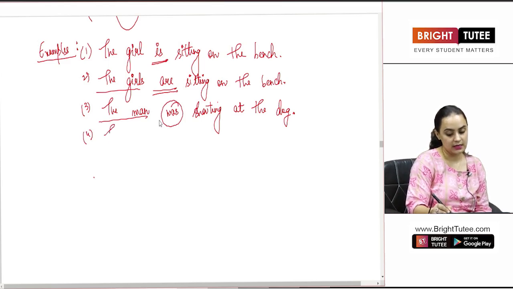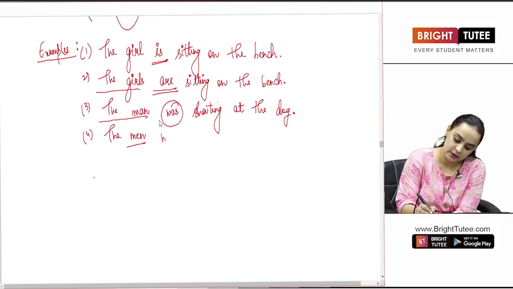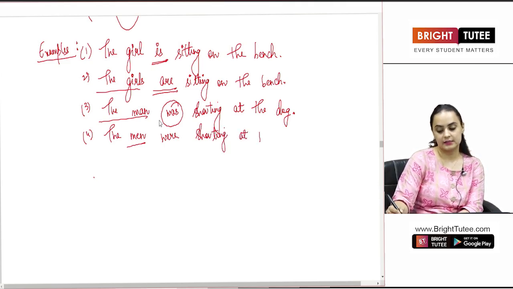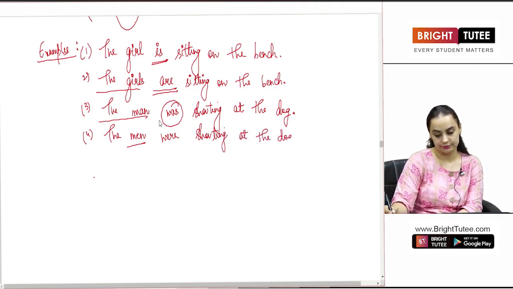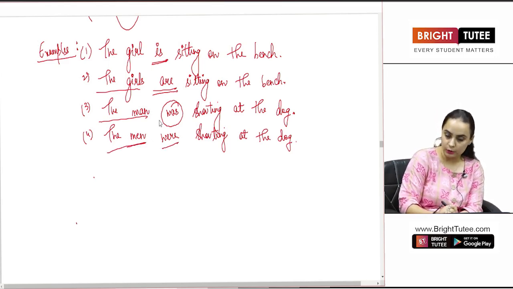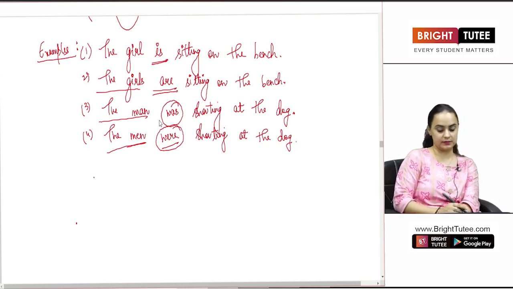And similarly, I will say the men. Men, we all know, is plural. So, the men were shouting at the dog. So, since the men are plural, I used a plural verb along with it.